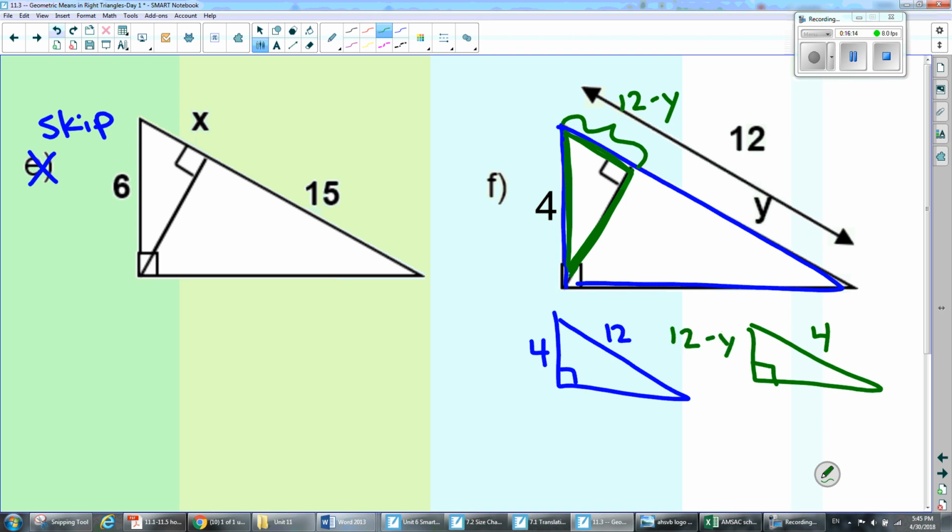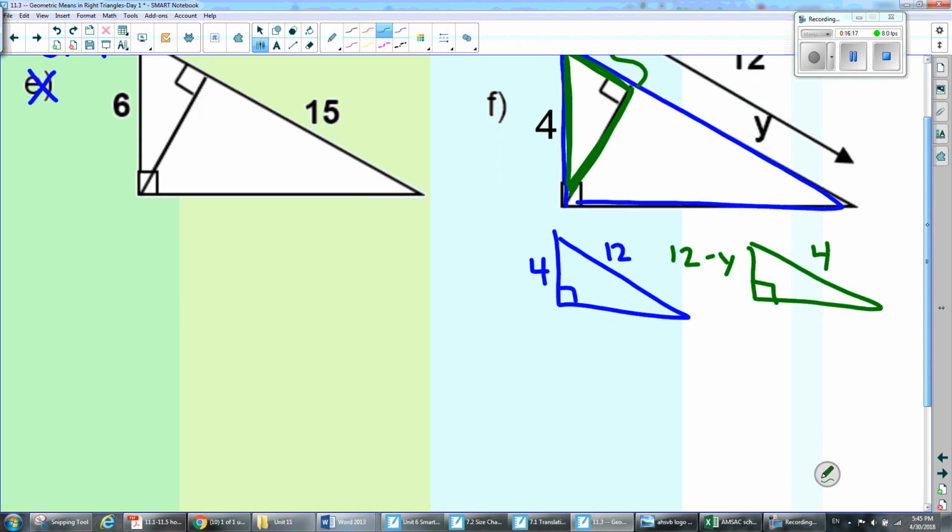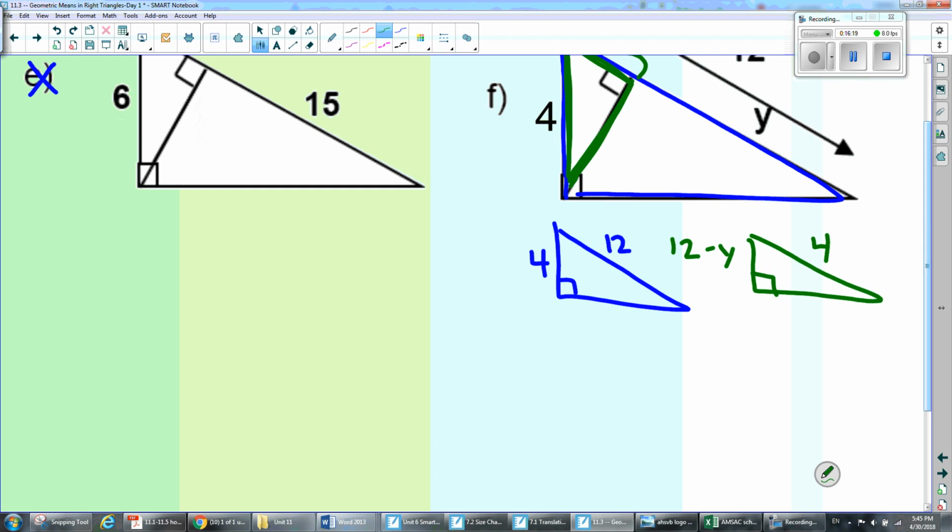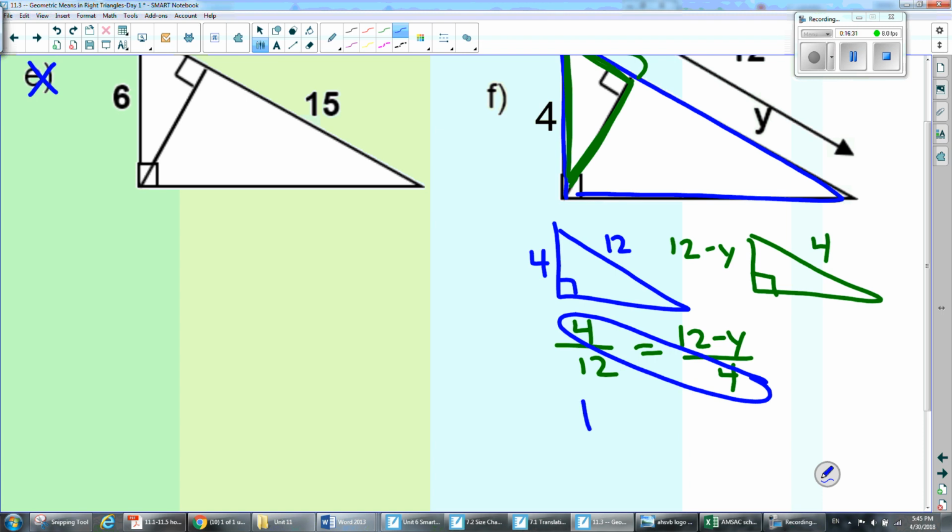That'll be the short side of the triangle. When that happens, we now have the short side over the hypotenuse equal to the short side over the hypotenuse. This is where we need to be really careful when we cross multiply. Here's our diagonals that are the same. That'll be 16. Here's the 12 times the quantity 12 minus y.